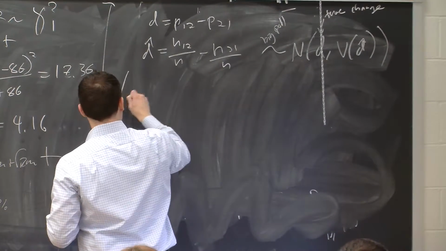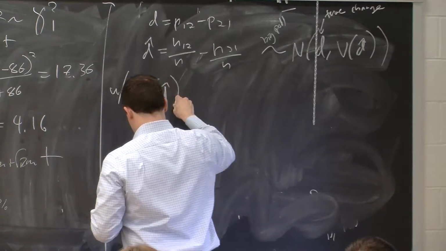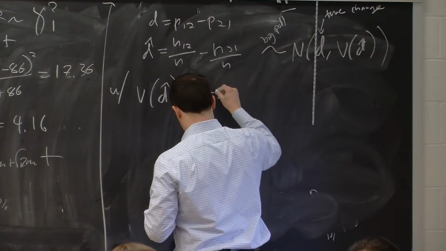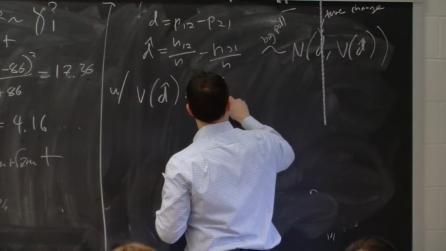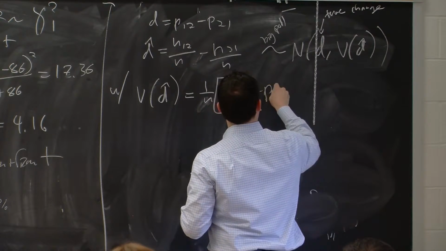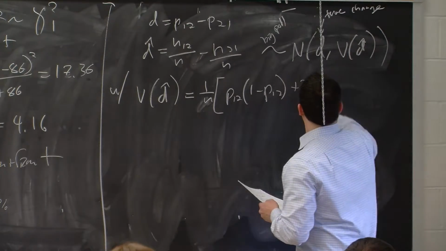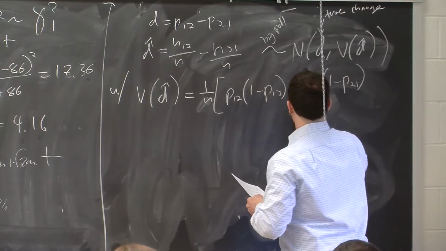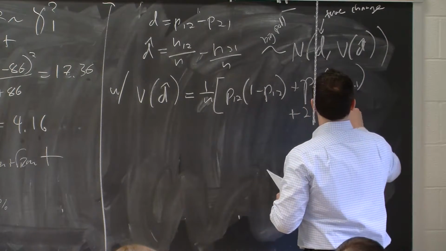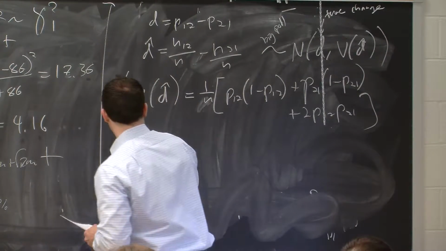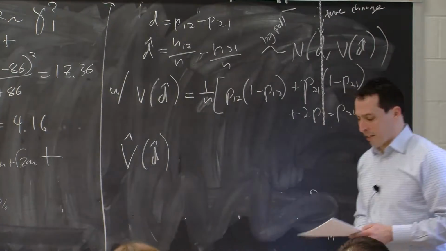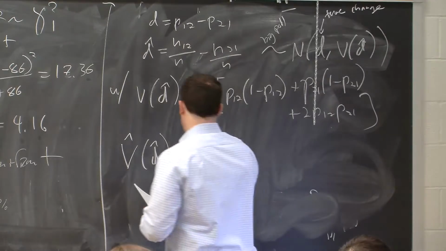And the variance of d hat is 1 over n, it's in the notes, p12 times 1 minus p12, plus p21 times 1 minus p21, plus 2 p12 p21. And we, of course, don't have access to that true variance. What we need is an estimated variance from the data itself.